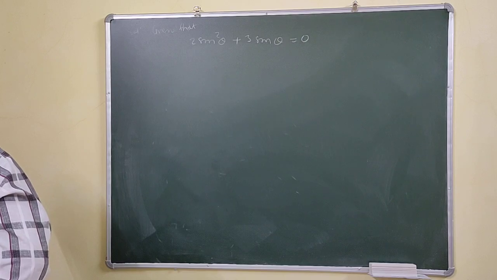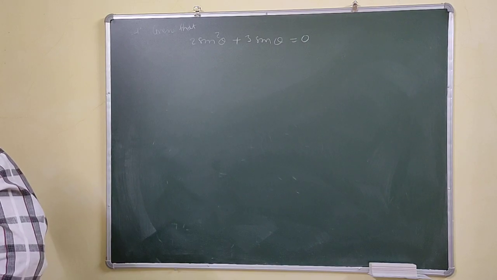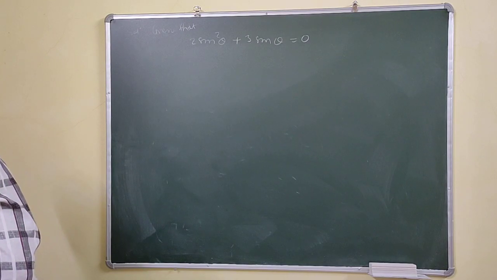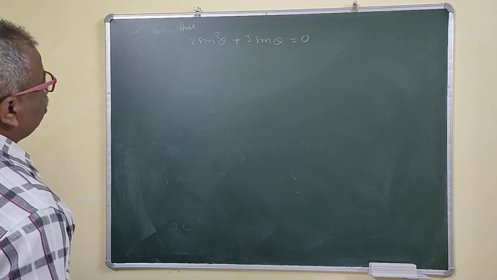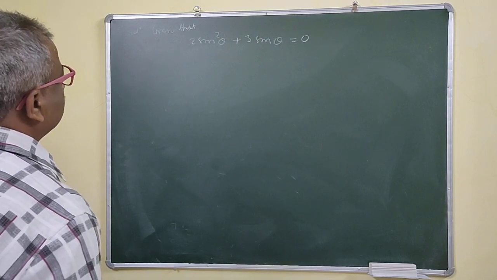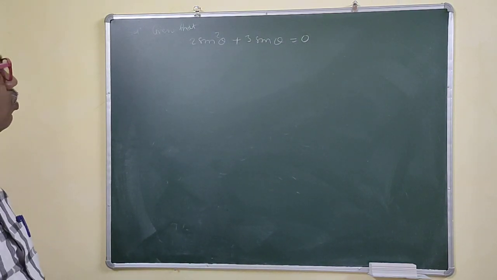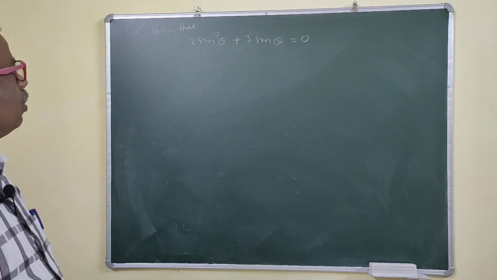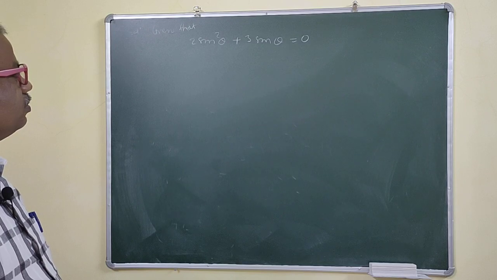So what do you have to do now? 2 sin square theta you can convert in terms of cos square theta, no problem here. But what about the 3 sin theta then?